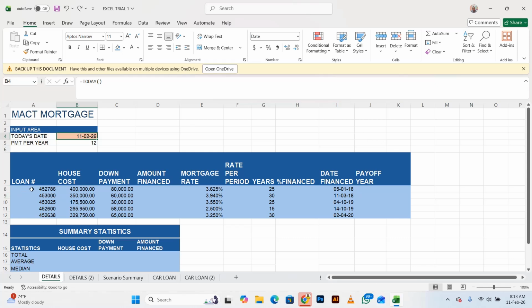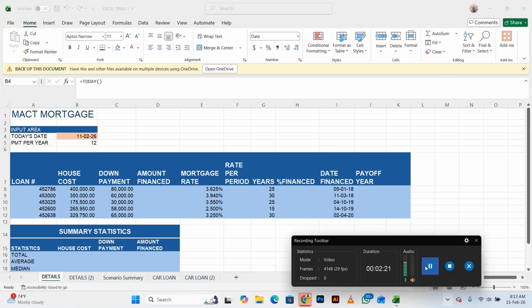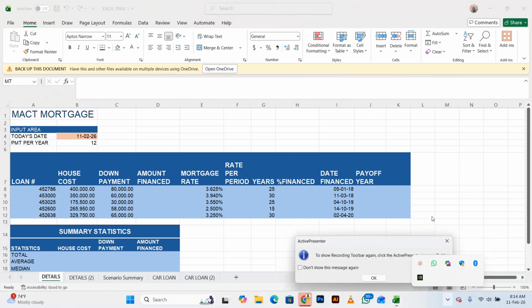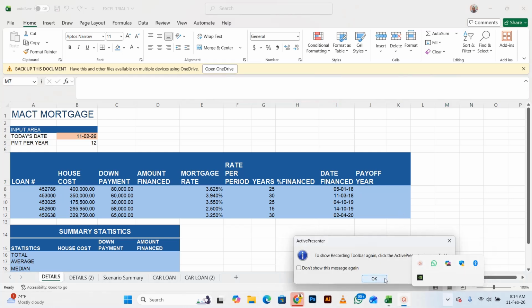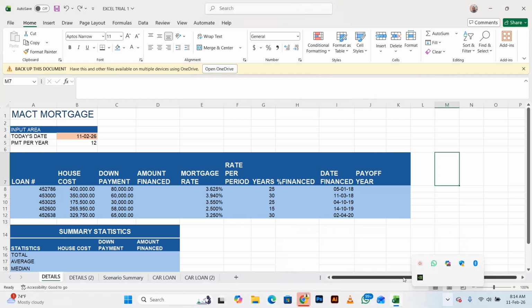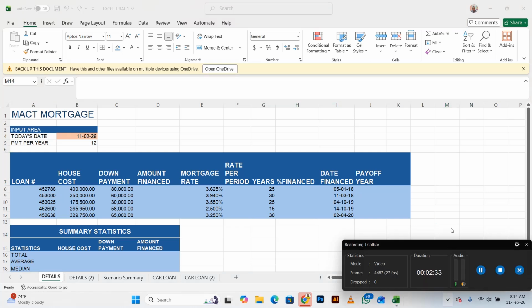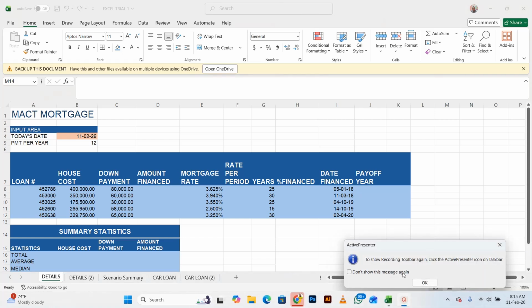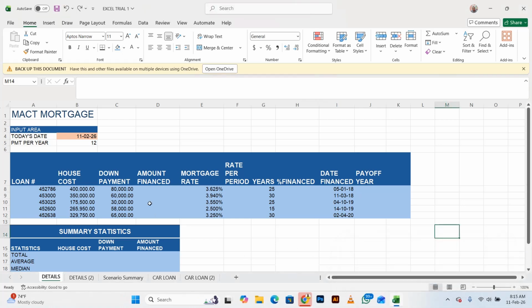So now the loan number is here, and this is the amount financed. These are the loans, the number of loans.